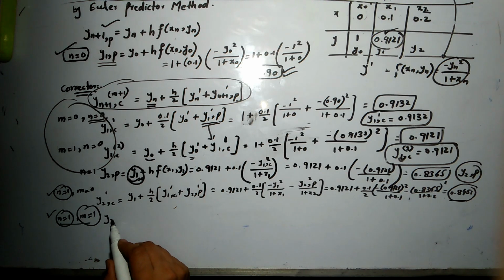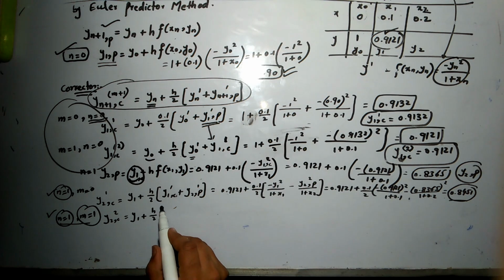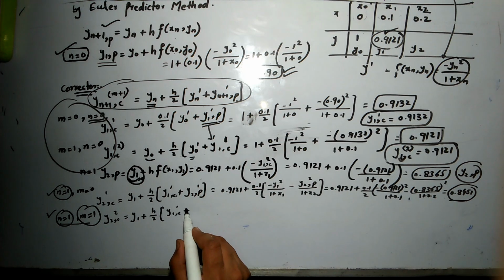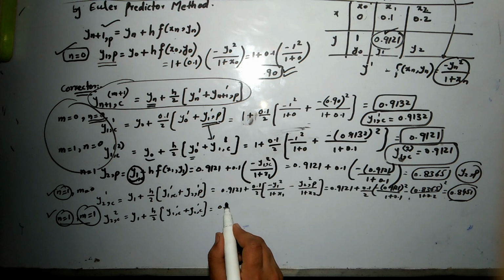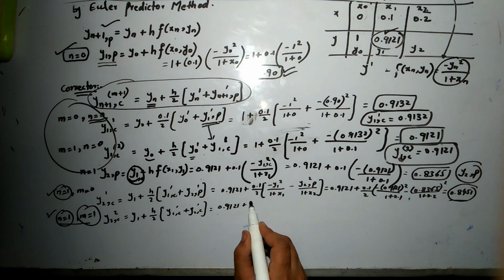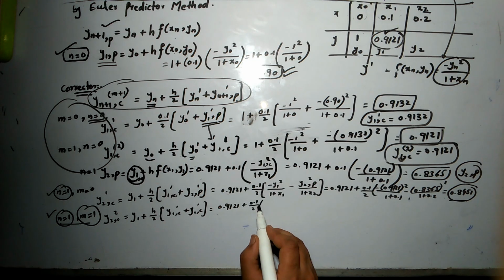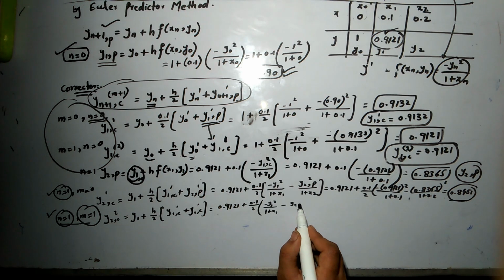Similarly, for the second correction, n was 1 and m will be 1. So this will become y2c2 equal to y1 plus h over 2 times y of 1 c dash plus y of 2 c dash. This will become 0.9121 plus 0.1 over 2 times minus y1 squared over 1 plus x1, minus y2 c squared over 1 plus x2.